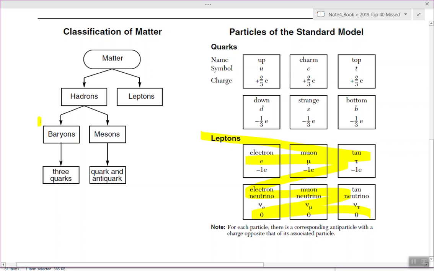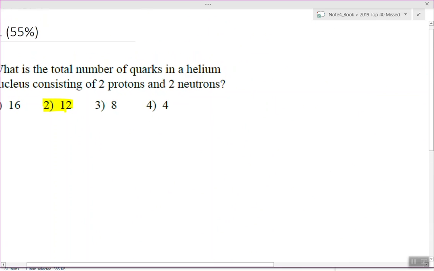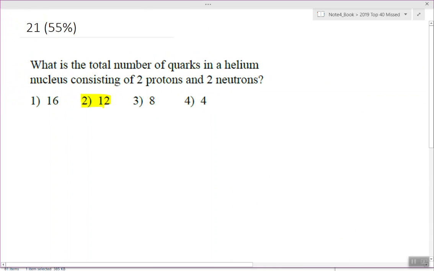You're either made of 3 quarks, in which case you're a baryon, or 2 quarks, in which case you're a meson. Part of the game is that if you know it's not leptons, always just assume that it's made of 3 quarks, because that will usually get you the right answer. Since we've got 2 protons and 2 neutrons, that's 4 things, each with, by default, 3 quarks. That gets you to 12.